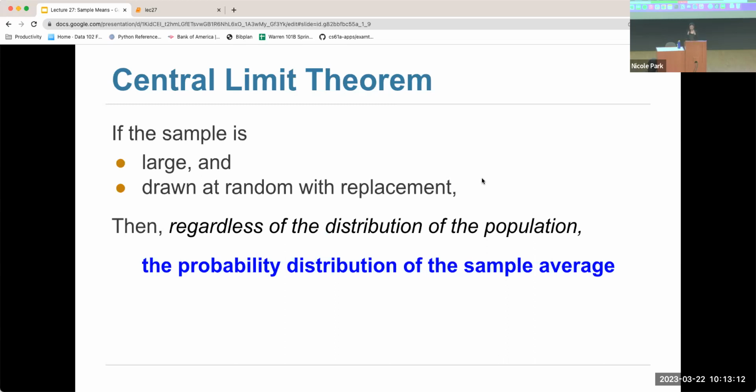So it will have a bell-shaped curve. So it's roughly normal. Again, just to reiterate, it's saying when you draw a large sample at random with replacement from the population, then regardless of what the population looks like, the sample averages will look like a bell-shaped curve. It's not saying the sample will look normal, it's saying that the sample averages will look normal. So that's what the central limit theorem says.